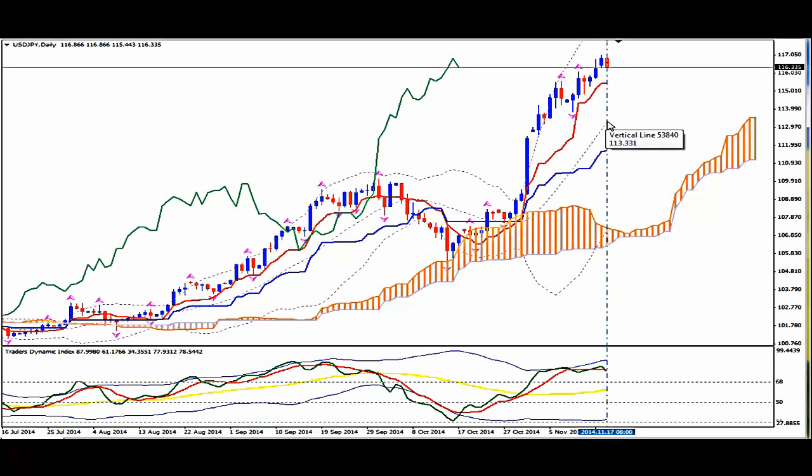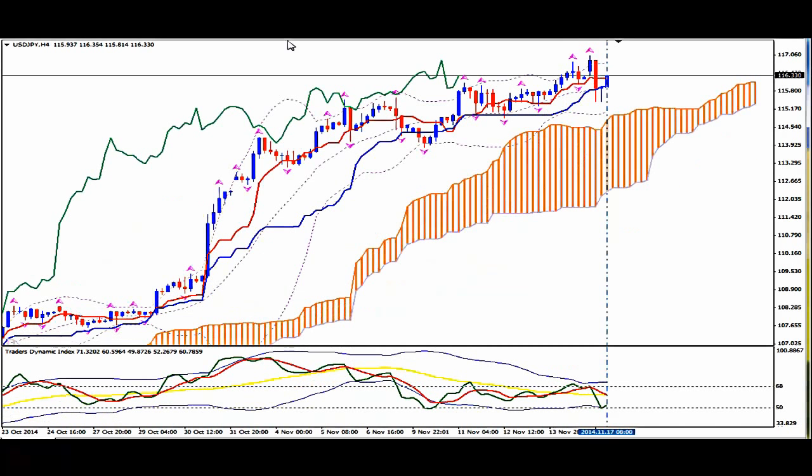So this is the time for correction for USD JPY as well, and this effort of the price to go up on the H4, maybe it's secondary, and maybe it's misleading. It's part of the big battle between bears and bulls, but statistically it is more possible for the pair to go down than to continue.